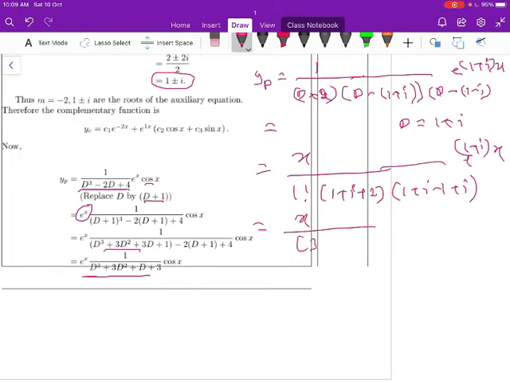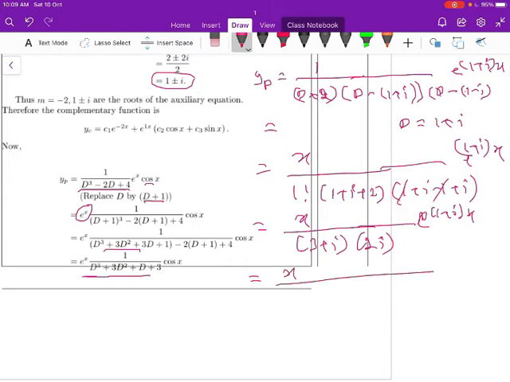So this can be written as x by (3 plus i) into (1 minus 1 get cancel) 2i e to the power of (1 plus i) into x.